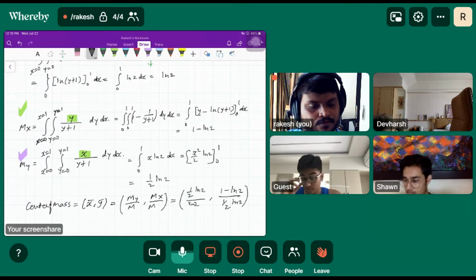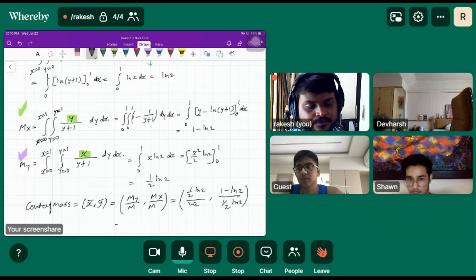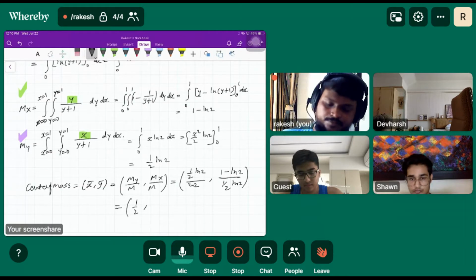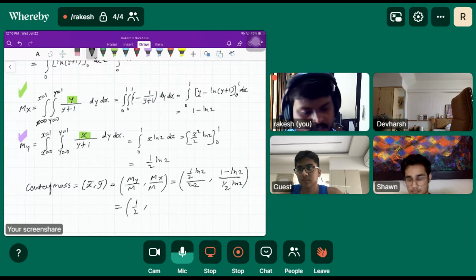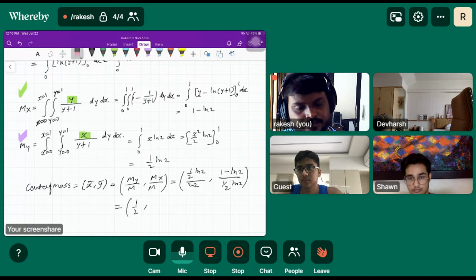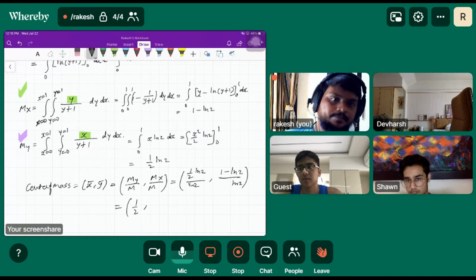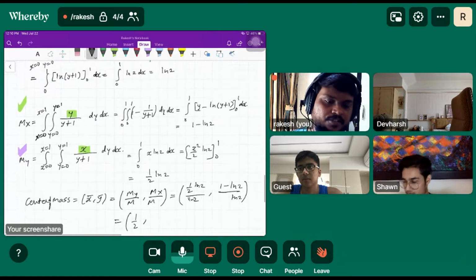Let me know the value of the y coordinate, Mano. Are we getting less than half? It is supposed to be less than half. Mx by M, and M was ln2.